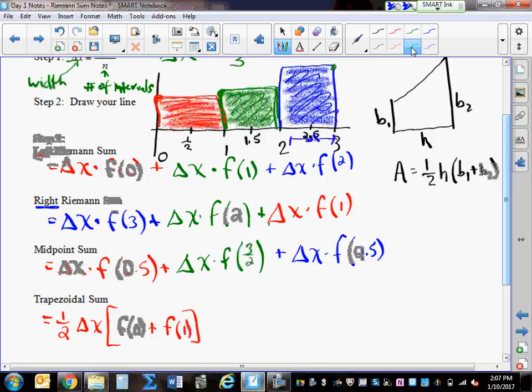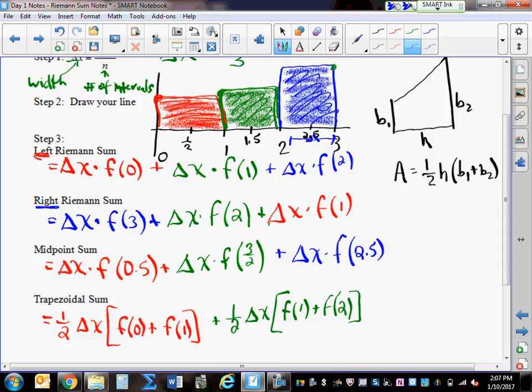Now we have to do it again for the green one. So 1/2 delta x times f of 1 plus f of 2. Okay, so that is if I were to do a trapezoid on the second. And then my last one, again, 1/2 times delta x, f of 2 plus f of 3.